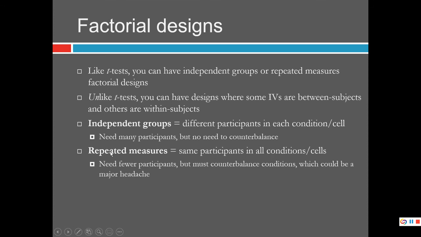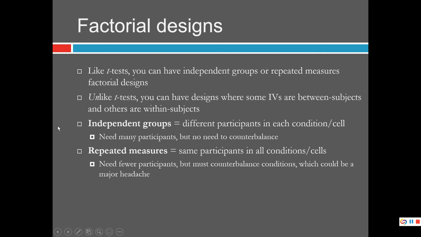For repeated measures, remember that people are doing the same things over and over again. You are going to end up needing fewer participants to get the same level of statistical power, but then your planning has to be more complicated because it might be unrealistic, or there might be those carryover effects that come about with repeated measures designs.